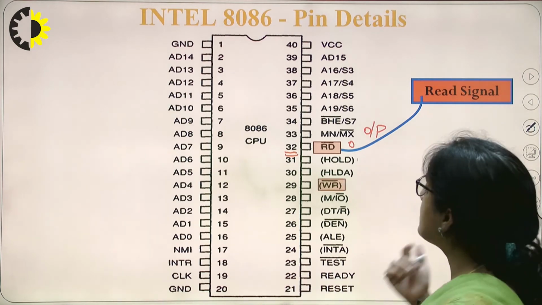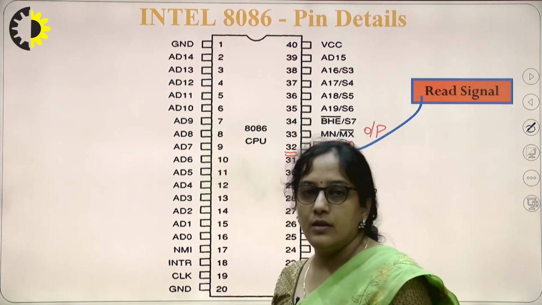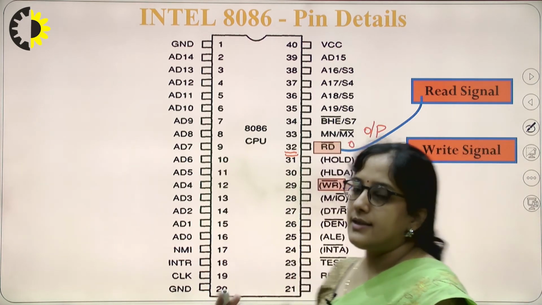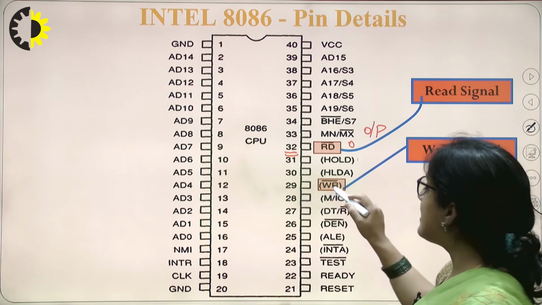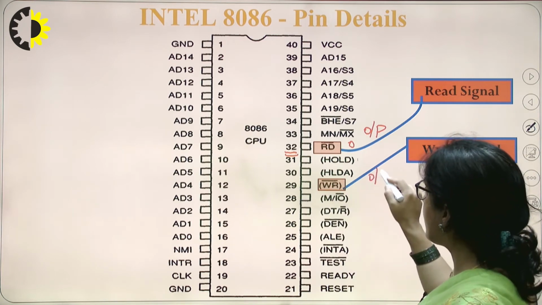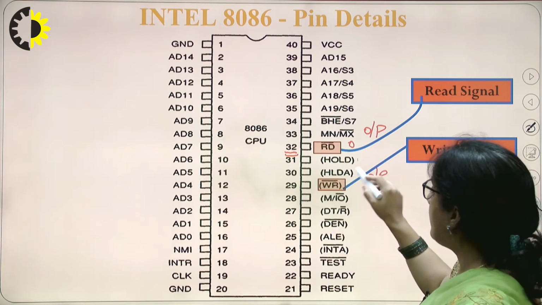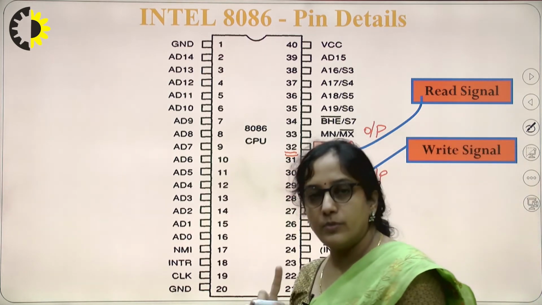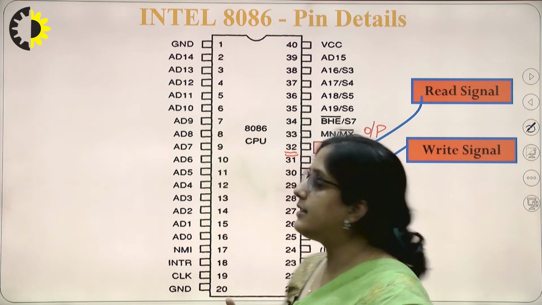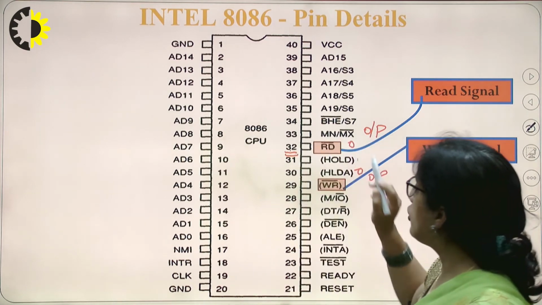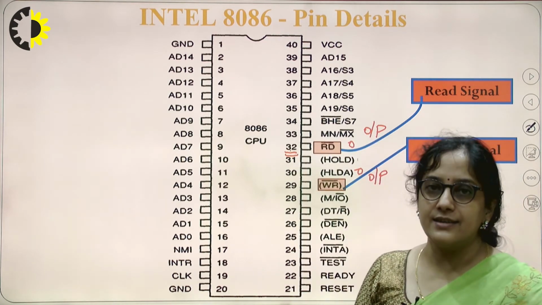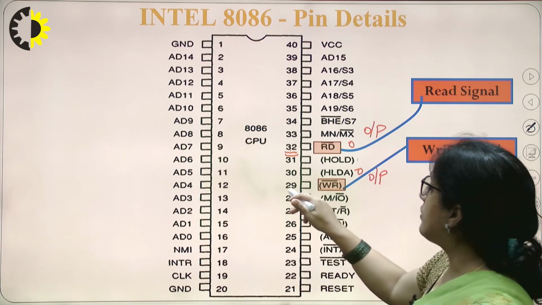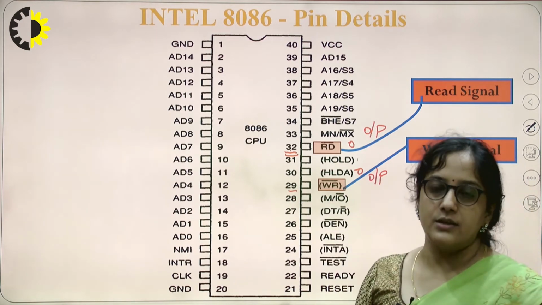If the microprocessor is writing something, then in that case pin number 29 is active. Again this is an output signal, write bar, an active low signal. So if the microprocessor is reading, pin 32 is 0. If the microprocessor is writing, pin 29 carries 0 value.